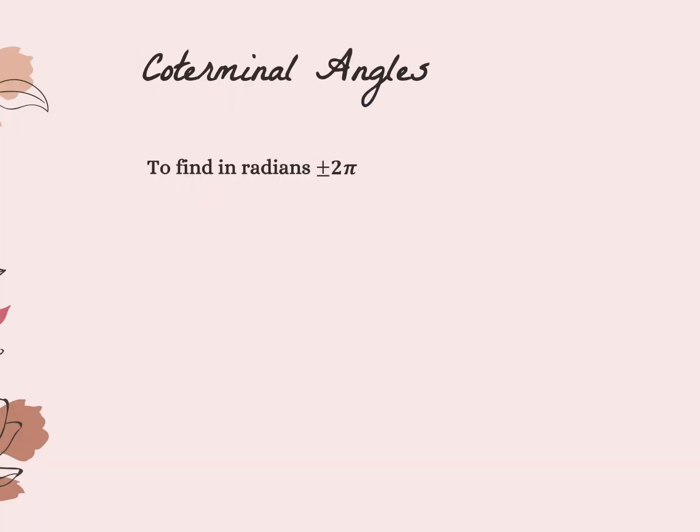When you want to find coterminal angles, in chapter 5, remember we added and subtracted 360. Now, when we're working in radians, to find a coterminal angle, we're going to be adding and subtracting 2 pi. Because again, 1 revolution around the circle, when it has a length of radius r, is going to correspond to the angle 2 pi.